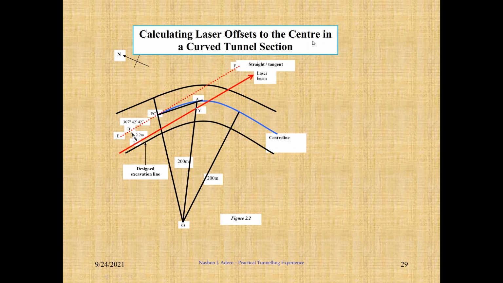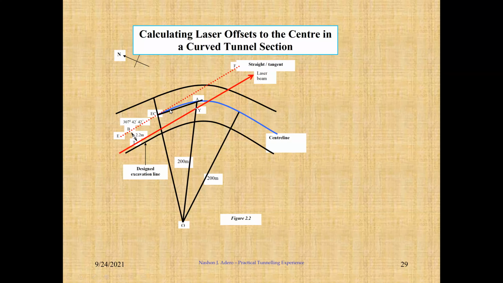And you need that in order to carry out your calculations as a surveyor. So with this laser beam, these offsets are key from the laser beam to the center here. From here, if there is a change, you are interested in here to the center. And then from this point that I've used as an example, from this point Y on the laser beam to the center.